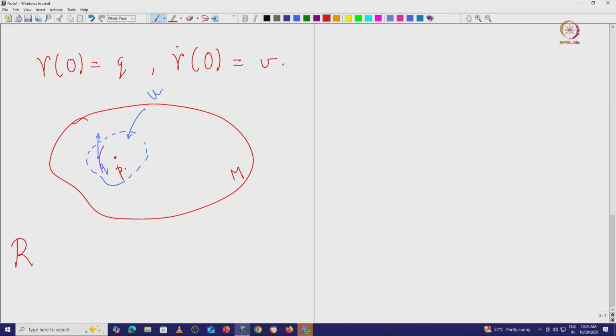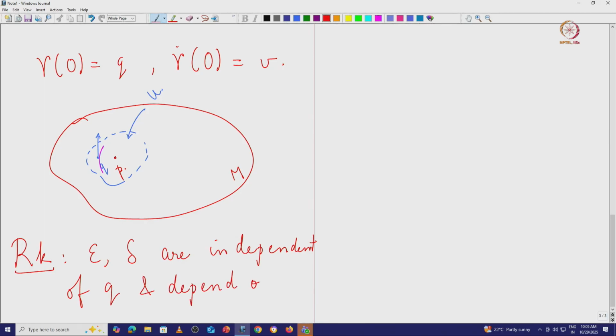The key point here is that epsilon and delta are independent of Q and depend only on the point P and the neighborhood U that you have picked.